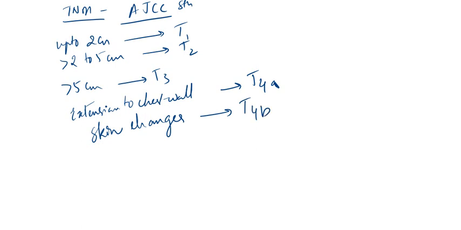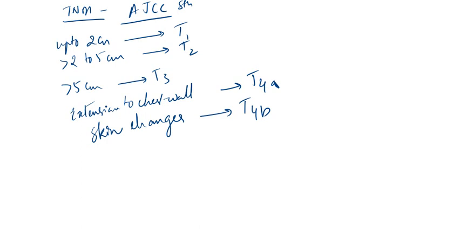Now remember one thing: all the changes should be confined to the same breast only. Don't think one breast has a tumor and another breast has skin changes. No, that can't be taken like that.